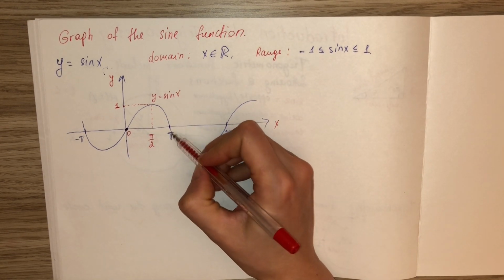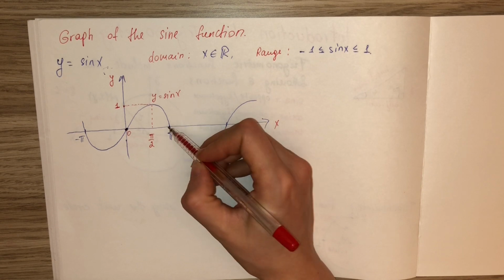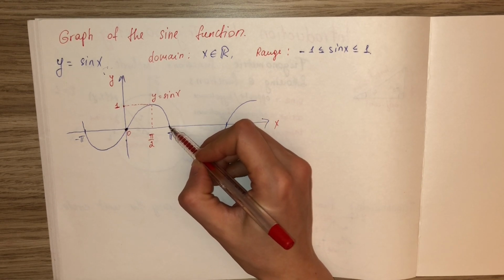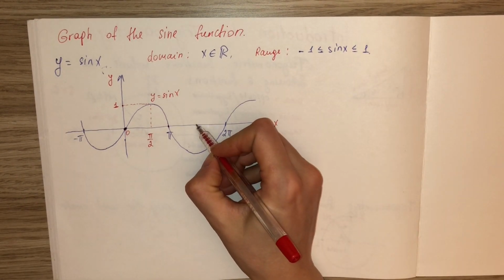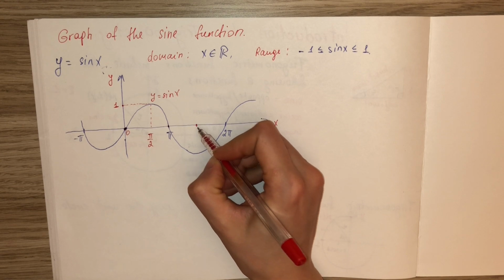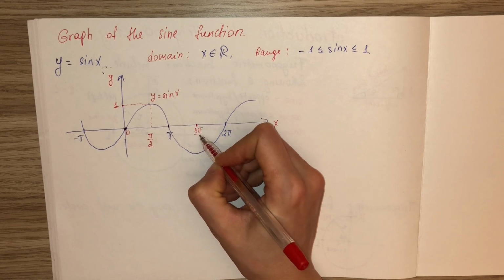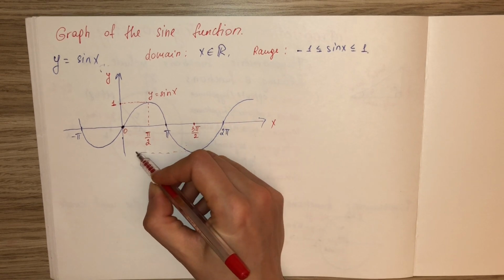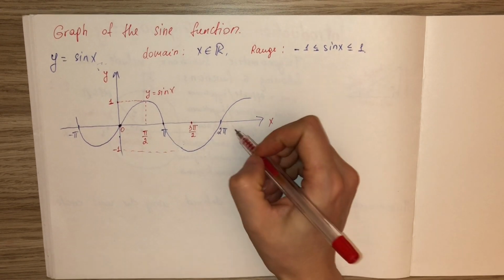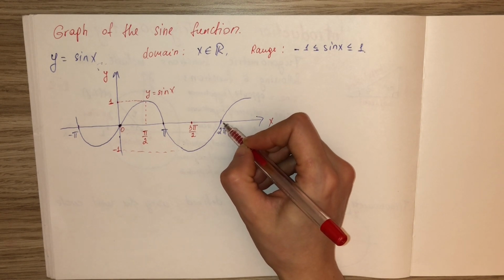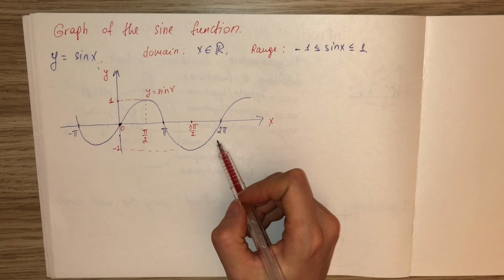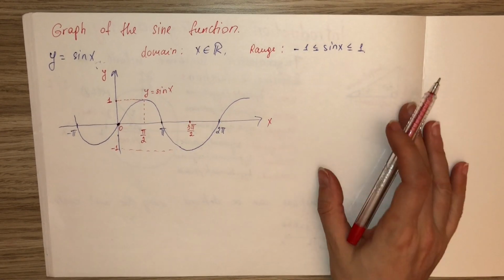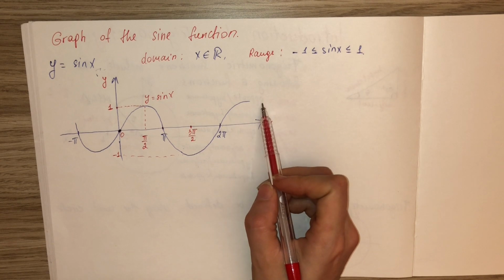When x is pi, the result of the function is, as you see, 0. And when the angle is 3 pi over 2, our result is -1. And when the angle is 2 pi, again the result of the function is 0, and it keeps going.